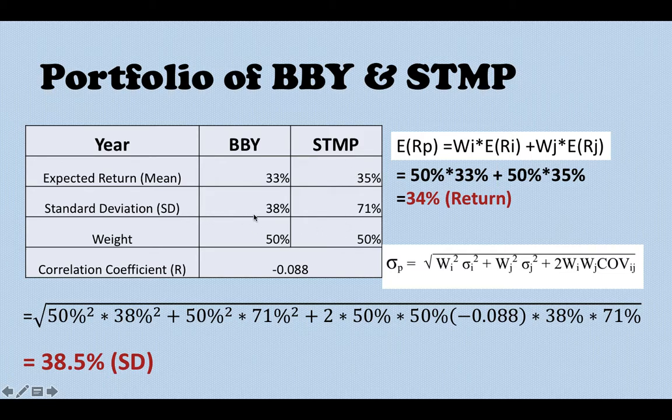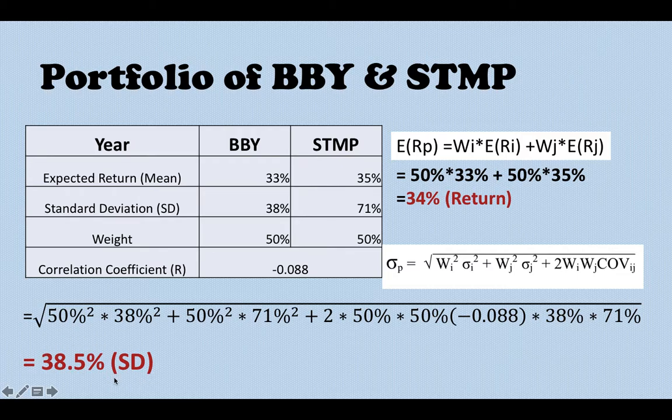Then how about standard deviation? Best Buy's standard deviation is 38%. Stamp's standard deviation is 71%, so Stamp is very volatile. We use this formula to calculate, and the portfolio standard deviation is 38.5%.